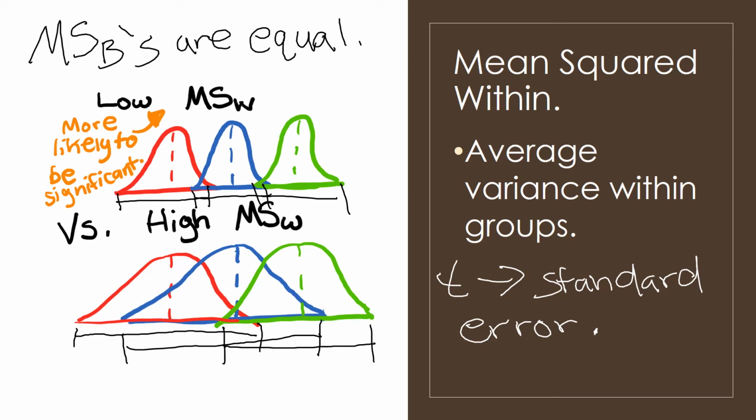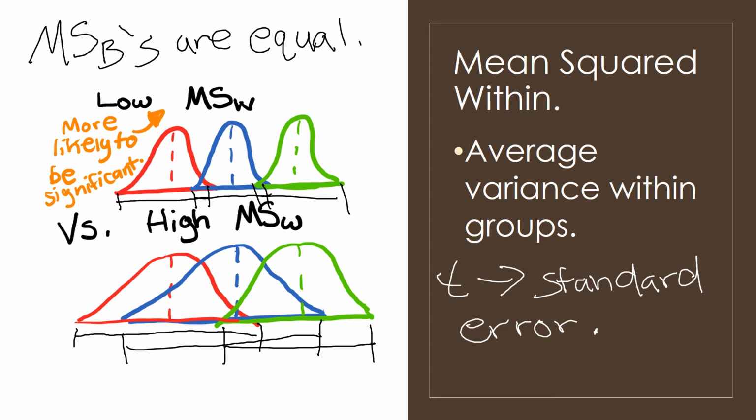And when that happens, it's more likely for the top one to be significant than the bottom one. And hopefully you can see that there's less overlap for the distributions in the first one than in the second one. If you look at this intuitively, the difference between the sample means looks bigger in the first group than in the second one because there's less overlap of the distributions.